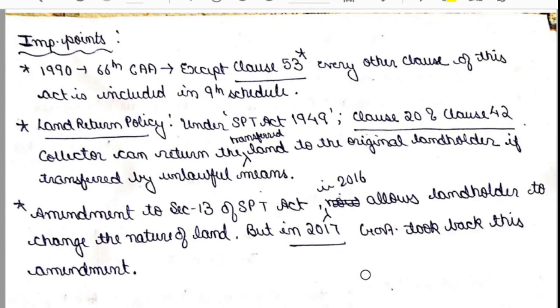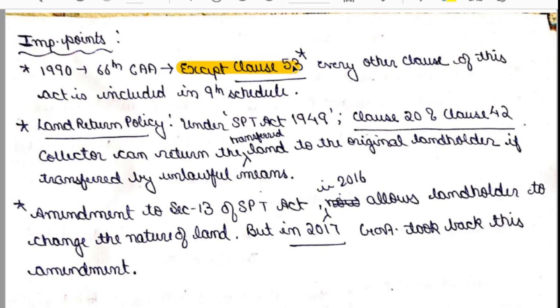Now, there are some important points that you should also remember. What are those? See, point number 1. In 1990, there was the 66th Constitutional Amendment Act. Through this 66th Constitutional Amendment Act, the central government put all the clauses of the Santhal Pargana Tenancy Act in the ninth schedule except clause number 53.